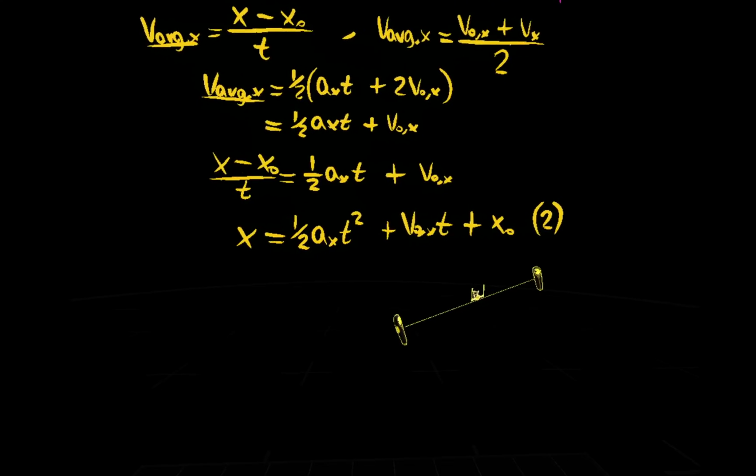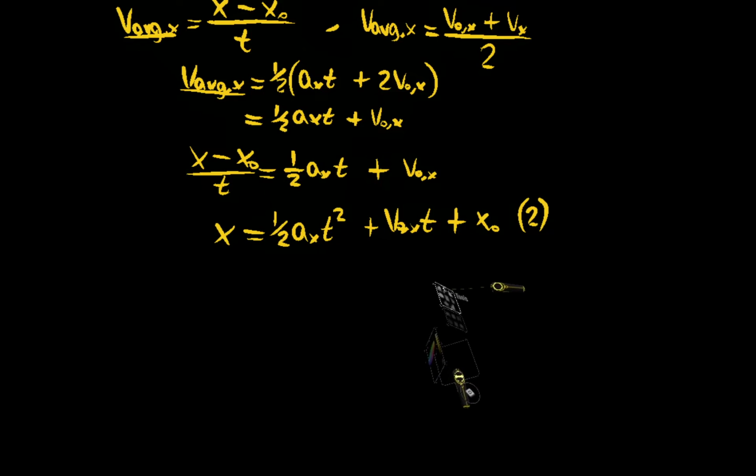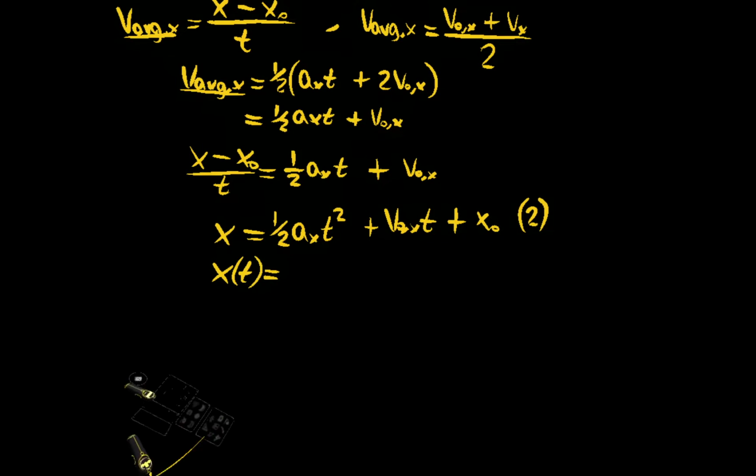Move this all over a little. All right, and again, you can see x is a function of t, so you can plug in various t values. Ax is constant, v naught x, the initial velocity, is a constant, and your starting position is a constant. So you can plug in a t and get an x.